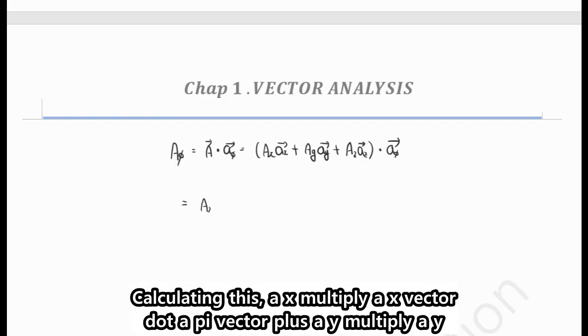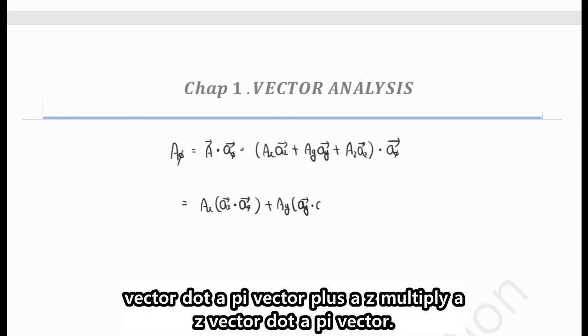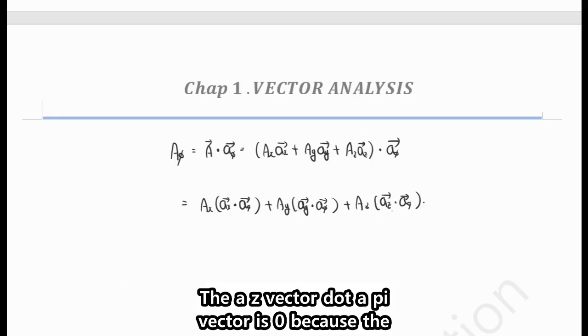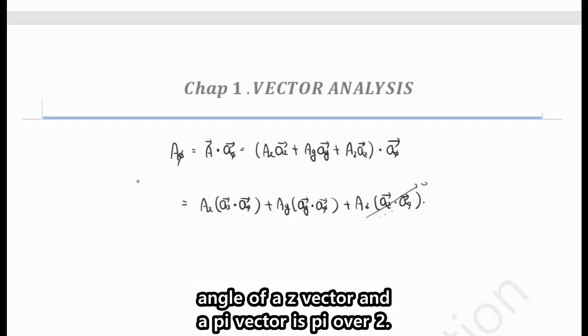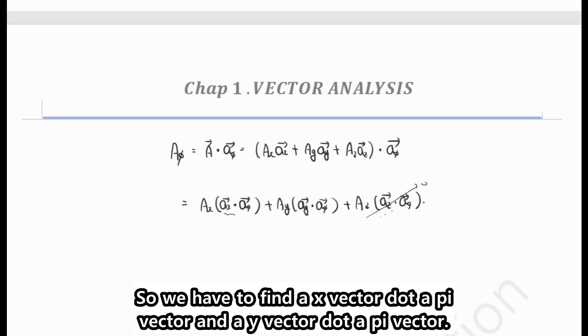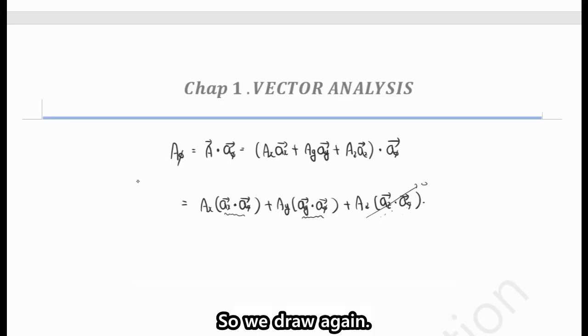Calculating this, Ax multiplied by a_x vector dot a_phi vector, plus Ay multiplied by a_y vector dot a_phi vector, plus Az multiplied by a_z vector dot a_phi vector. a_z vector dot a_phi vector is 0 because the angle between the a_z vector and a_phi vector is pi over 2. So we have to find a_x vector dot a_phi vector and a_y vector dot a_phi vector. So we draw again.